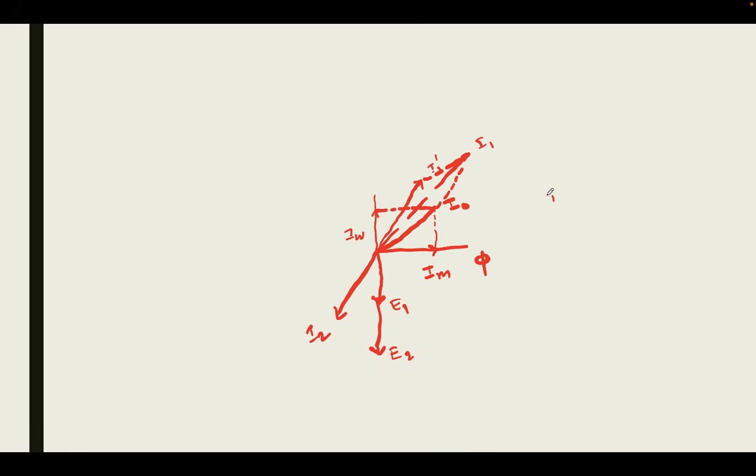Here we can say I naught is equal to IW plus jIm. Similarly, we can have I1 is equal to I naught plus I1 dash.